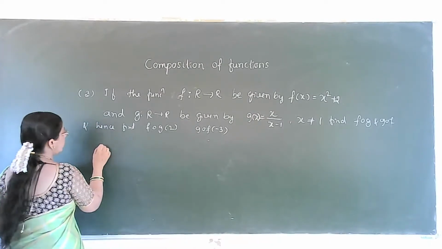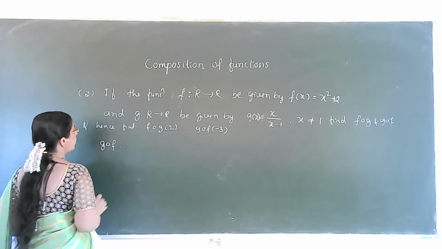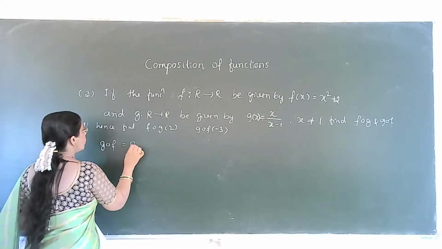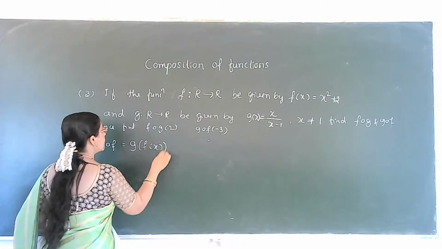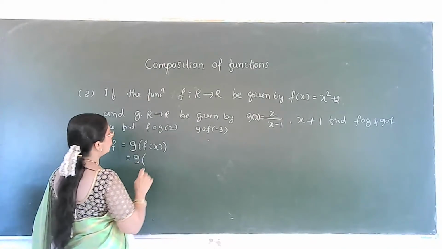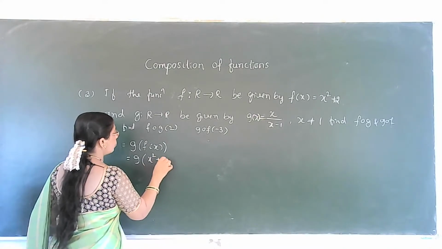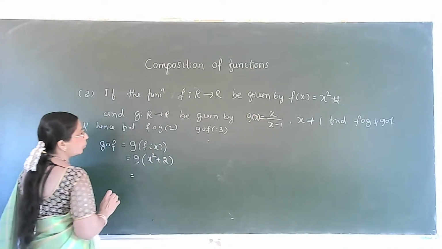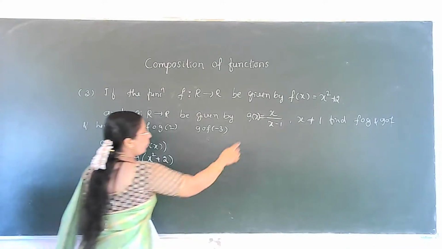First, we find the decomposition of f, which is equal to g of f of x. Here, g of f of x is equal to g of x square plus 2.